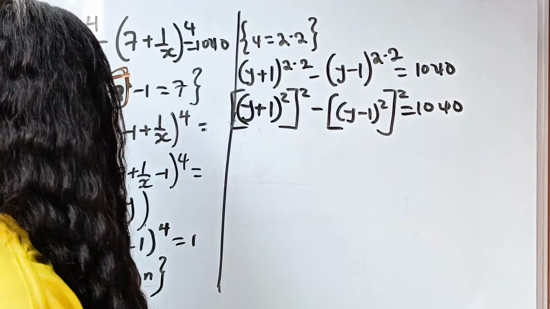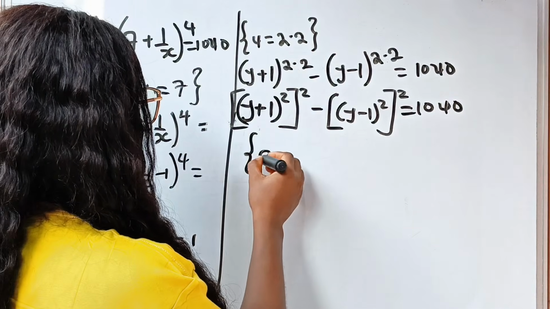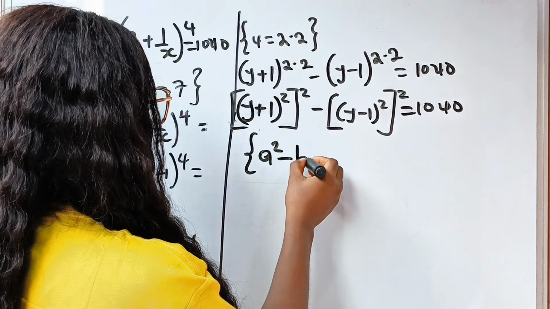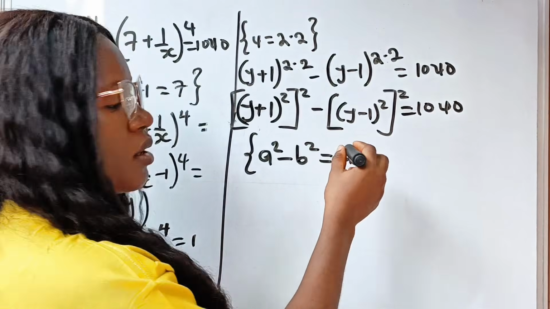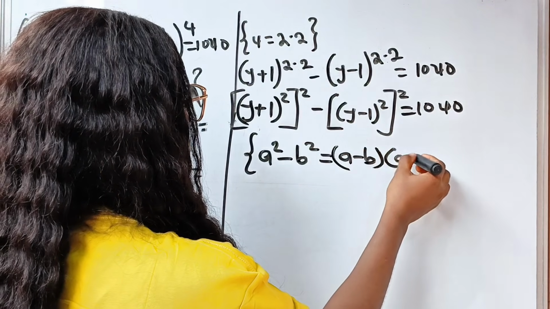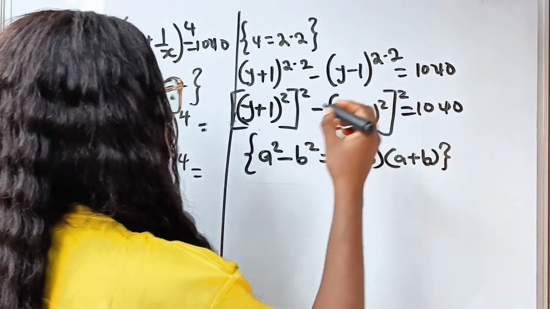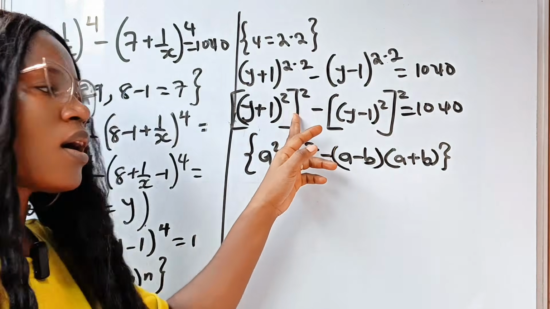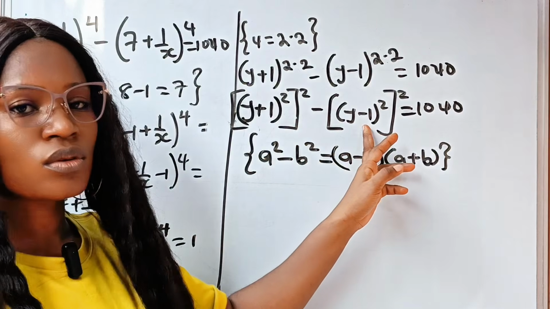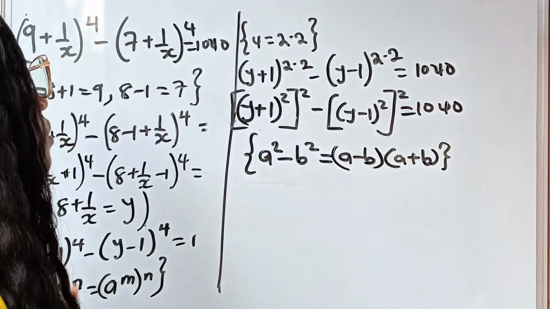Remember that a squared minus b squared is equal to a minus b multiplied by a plus b. In this case, our a is y plus 1 to the power of 2 and our b is y minus 1 to the power of 2.